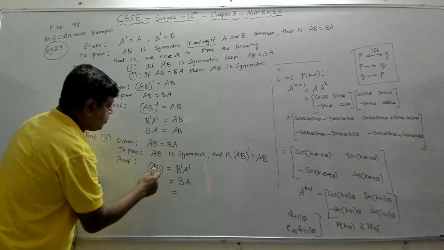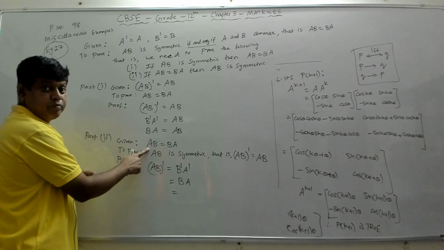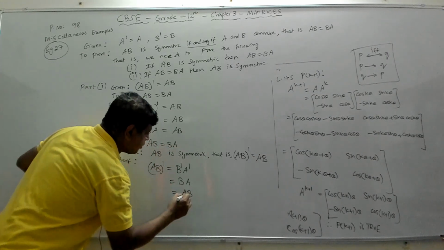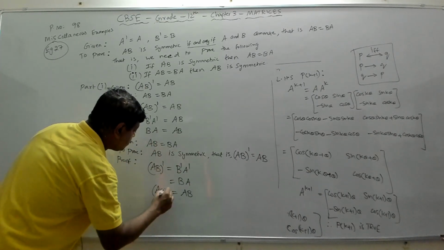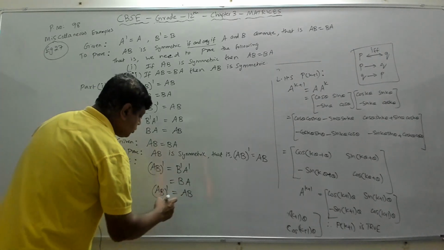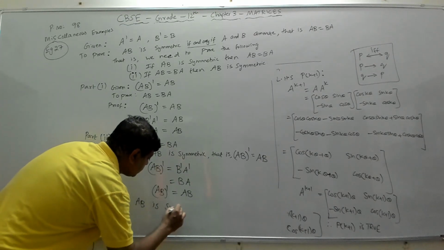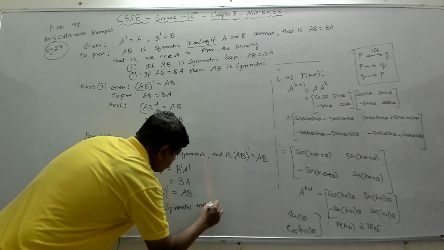Fine, now we got BA. That is equal to AB, because BA is equal to AB, that is given here. So instead of BA I can put AB. So what we got? We got AB whole transpose equal to AB, which is this. Therefore, AB is a symmetric matrix.